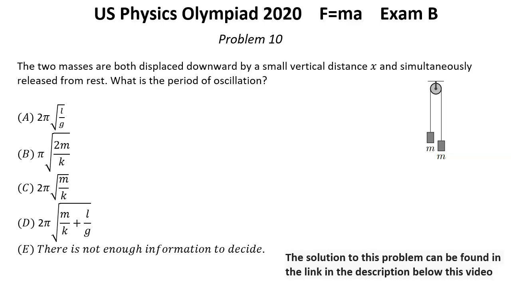It means that one mass oscillates on half of the spring, which has effective spring constant 2k. So the solution for the period will be 2 pi multiplied by square root of m over 2k, or pi multiplied by square root of 2m over k, which is answer B, and that was the solution for problem number 10.